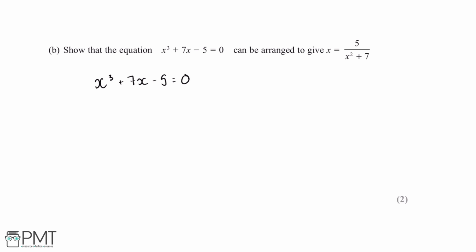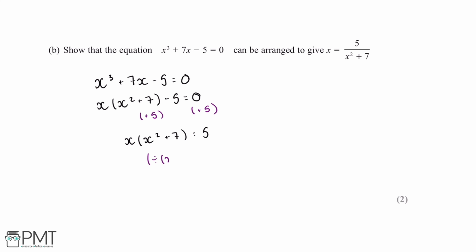And this will give us x multiplied by x squared plus 7 minus 5. So now the next thing we can do is add 5 to both sides of this equation. And this gives us x multiplied by x squared plus 7 equals 5. So now the final thing we need to do is divide both sides of the equation by x squared plus 7. And this gives us that x is equal to 5 over x squared plus 7.